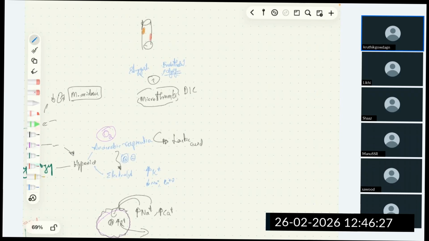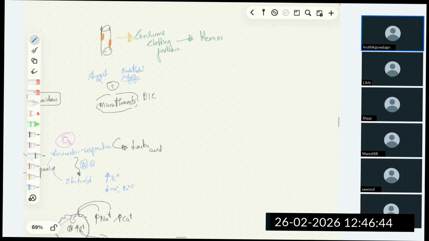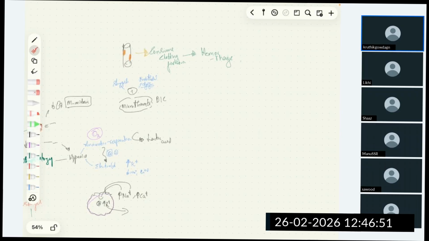This development of microthrombi will consume the clotting factors. The consumption of clotting factors will result in hemorrhage, hemoptysis, bleeding from oral cavity, bleeding from mucous membrane, hematuria, etc. This is called DIC, disseminated intravascular coagulation. DIC.